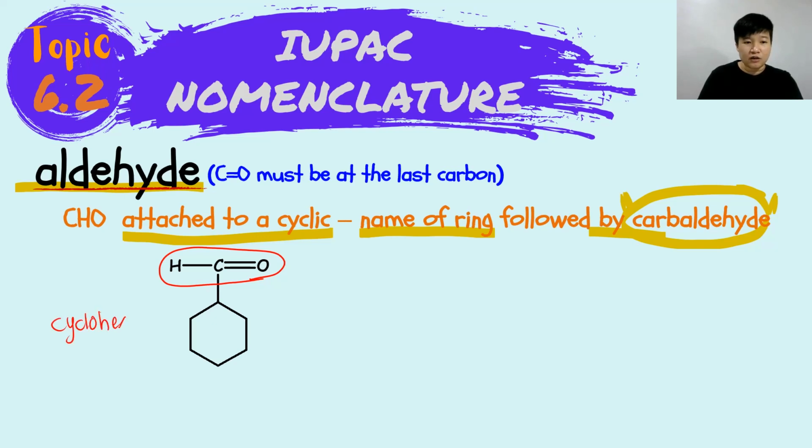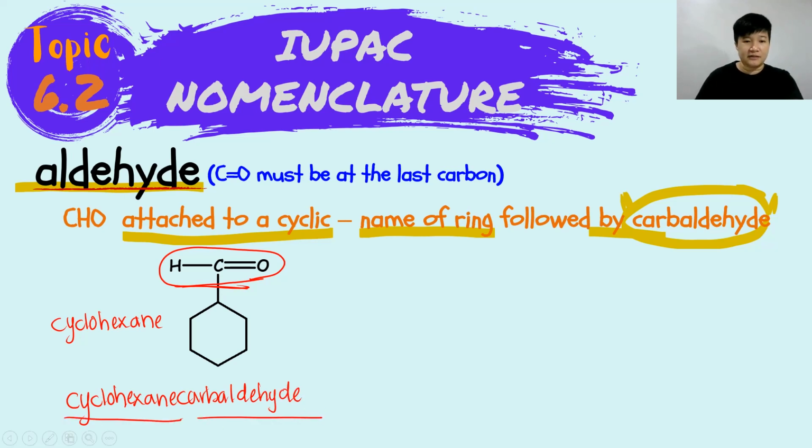That is my cyclohexane, 6-carbon ring with a C double bond OH attached directly. So what will be the name of this guy? This compound will be named as cyclohexanecarbaldehyde. Bear that in mind, no space over here. That is what I mean by the name of the ring followed by the word carbaldehyde.